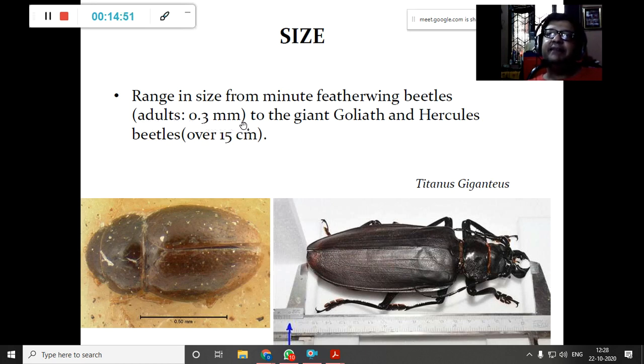They can be very small, especially the minute feather wing beetles, or as large as the giant Goliath and Hercules beetle. Titanus giganteus is over 15 centimeter. This huge beetle, possibly you can find it in our entomology collections in the department.